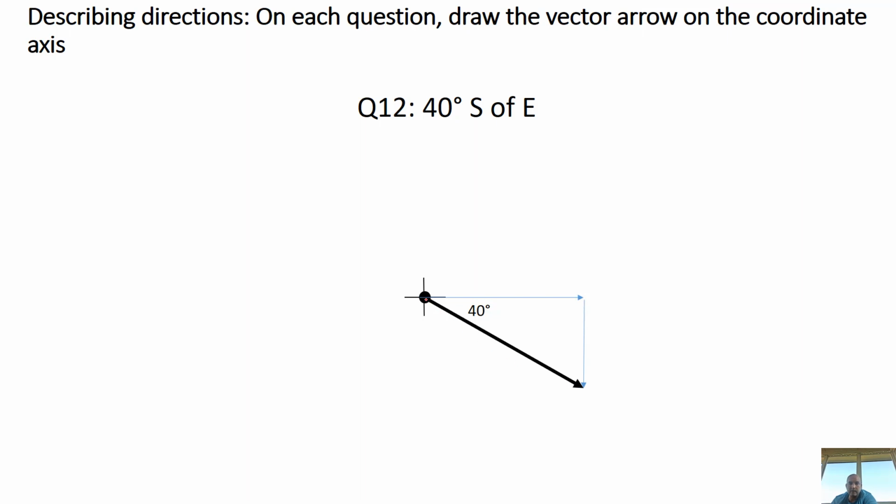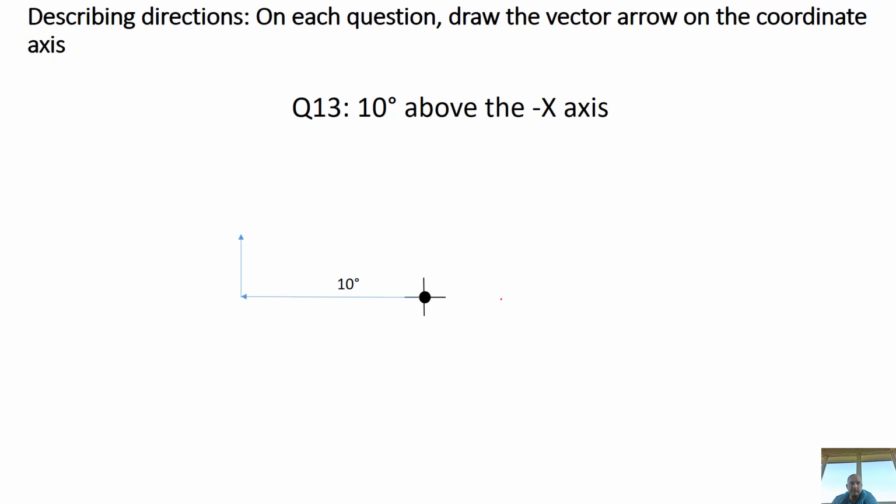The only line that really matters here is this line that's darker. That's why I made it darker in these. And then we're not always going to use west. We might say negative x. So this would be similar to an x, and that's what that would look like. So that would be 10 degrees above the negative x axis.